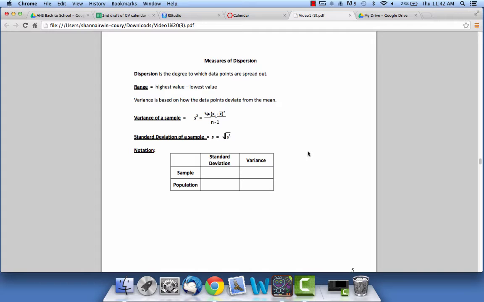So the variance is notated s squared because you generally don't talk about the variance. You almost always just talk about the standard deviation. So what you have here is each value, you subtract the mean from it, so that's the deviation from the mean. Then you square that. Then you divide by n minus 1.